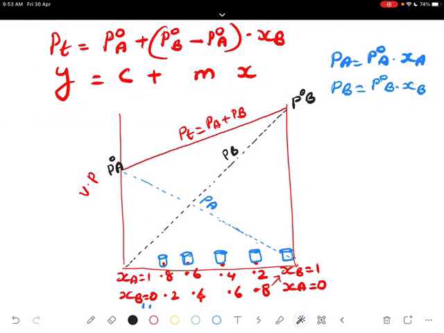In this mixture, 0.4, again less, so the point is here. And in this mixture, no XB, so no PB. PB is equal to 0. So these things are there to do the numericals. I am stopping here. Thank you.